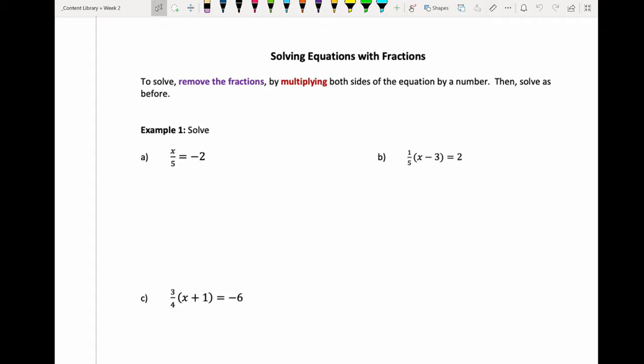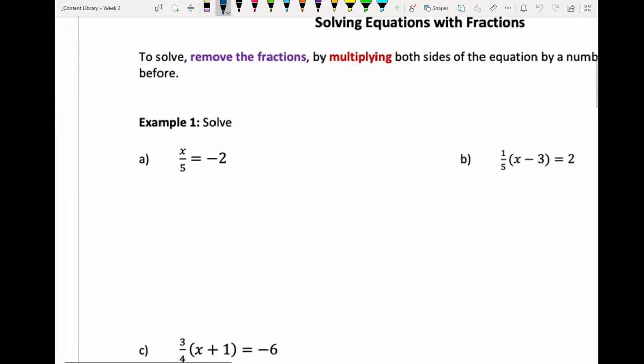And the reason we're doing that is because if I look at the simplest example here, x over 5 equals negative 2, remember, the fraction line can represent dividing. And how do we cancel out dividing? Well, we do the opposite operation, which is multiplying.